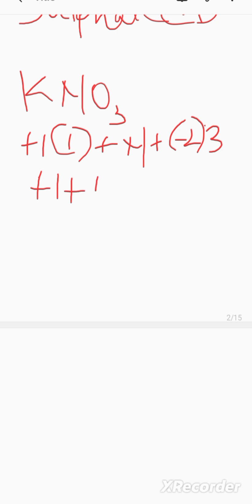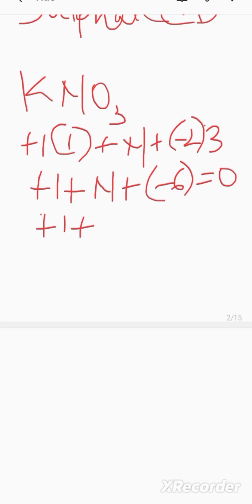Plus X, plus N, which is the nitrogen. Remember what I said? You are going to make the middle element unknown, plus in the bracket of -6 equals 0. So you go ahead again: +1 plus nitrogen, plus -6 equals 0. Make nitrogen the subject of the formula.